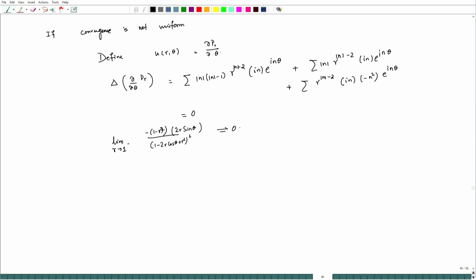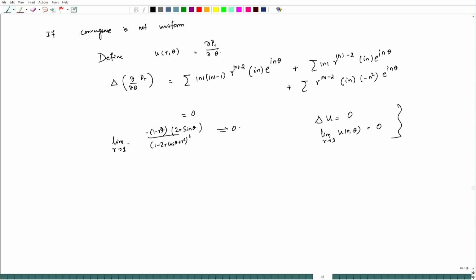However, now here is the condition: this satisfies the differential equation, and limit r goes to 1 of u(r, theta) is equal to 0. This satisfies this equation, because now we are not getting the uniform convergence here.